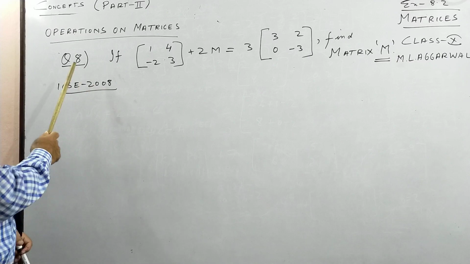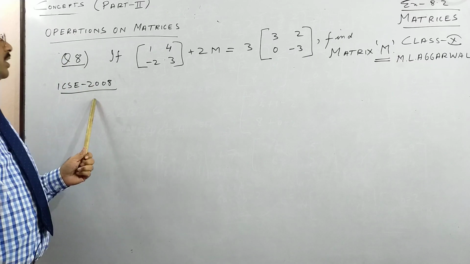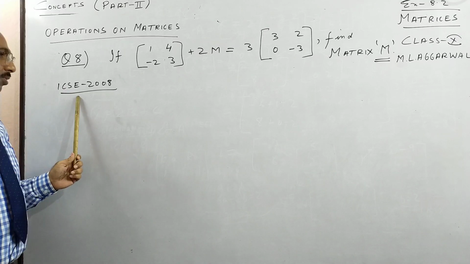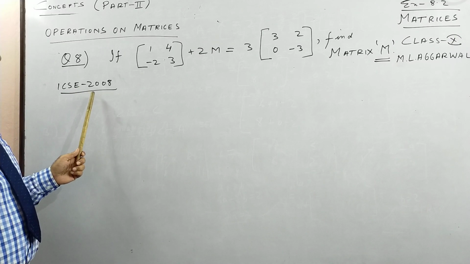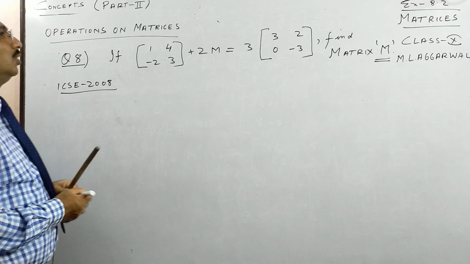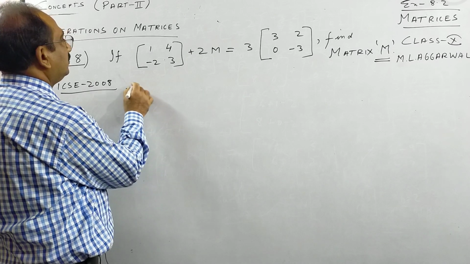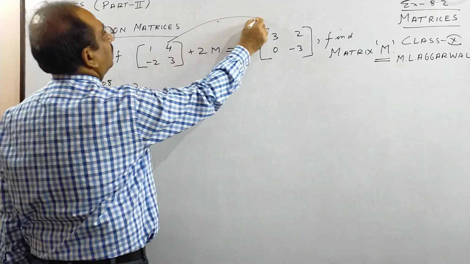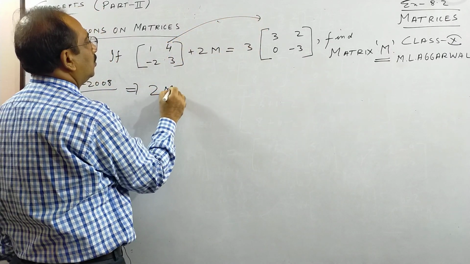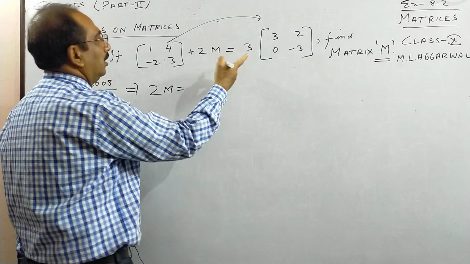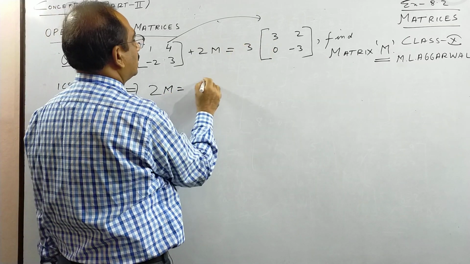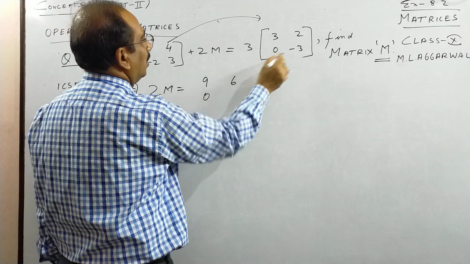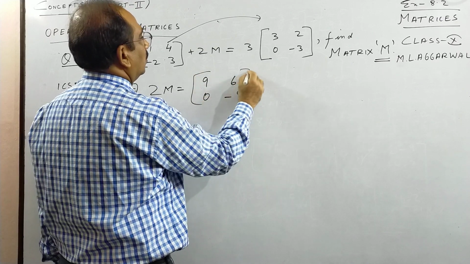So we move on to question 8 of exercise 8.2, where we are going to solve an ICSE 2008 question. See how we do it. We have to find matrix M. This is given, so this will go to the other side. So 2M is, you can multiply this here, 3 3s are 9, 3 2s are 6, 0, minus 9.